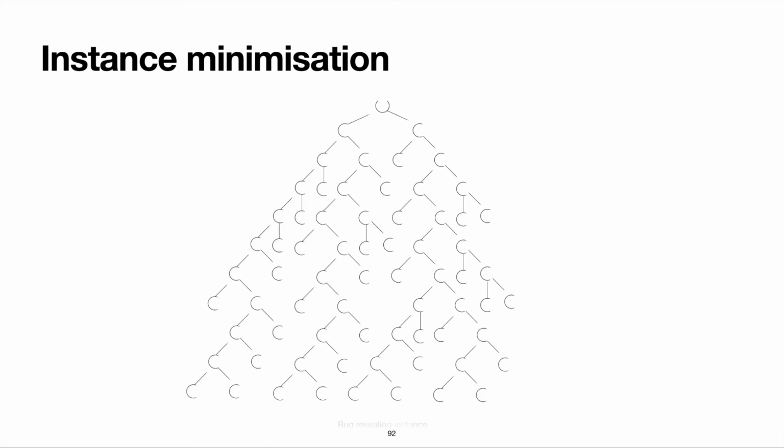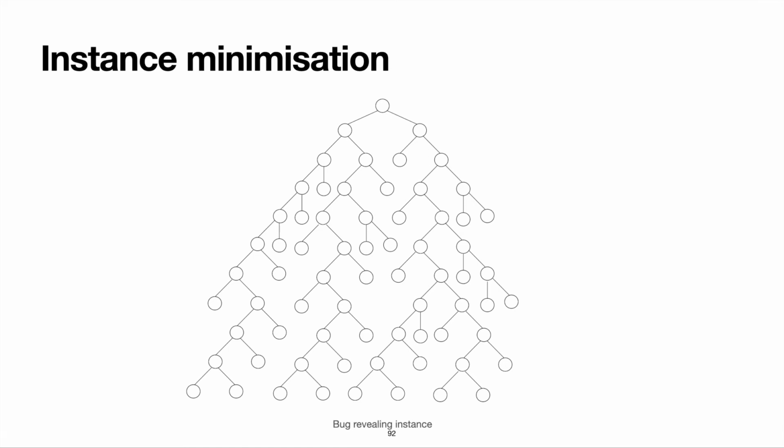In practice, our fuzzing technique often generates bug-revealing instances that are very large. Whereas to trigger the bug, we either only need a small portion of the formula or a combination of some small subformulas. Adapting established minimization techniques based on delta debugging seems like a natural fit for this cause.